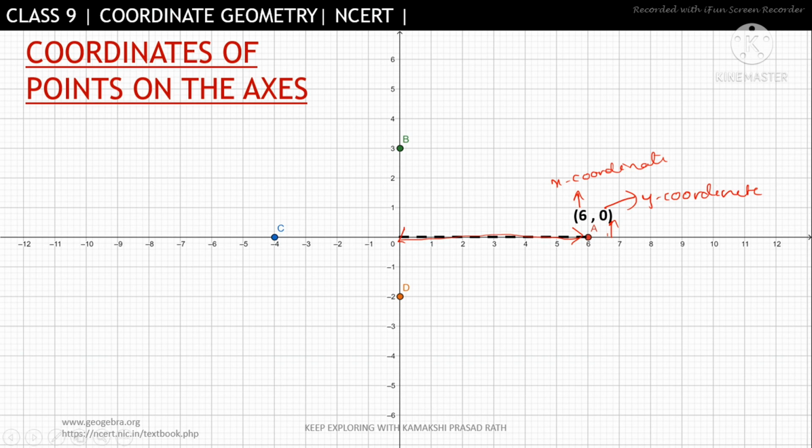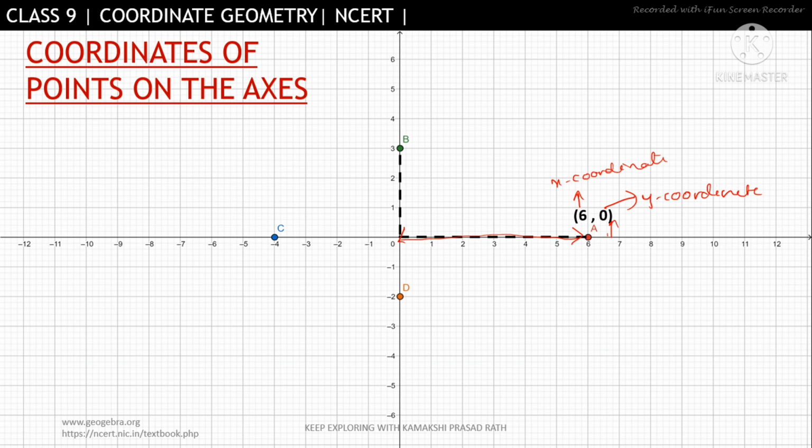Now let's move on to point B. First we'll find the distance of B from the y-axis, but we see that the point B is on the y-axis. That means it does not move at all. Now the distance of it from the x-axis: it has moved 3 units.